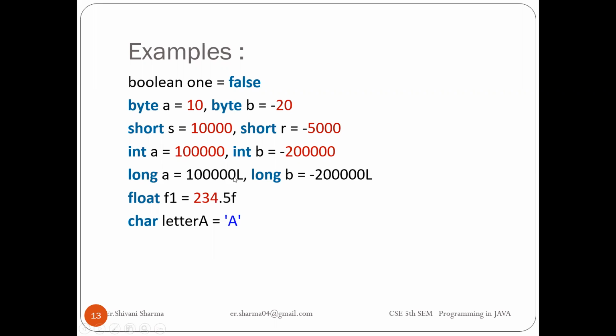And always prefer to write the L also. But with the float value, remember this thing, you have to specify the F whenever you are initializing the float value. And char, character, letter A. That is how we can store any character within our program.